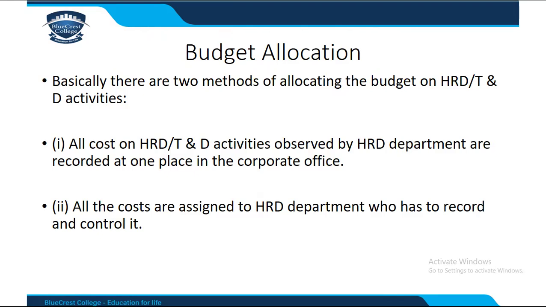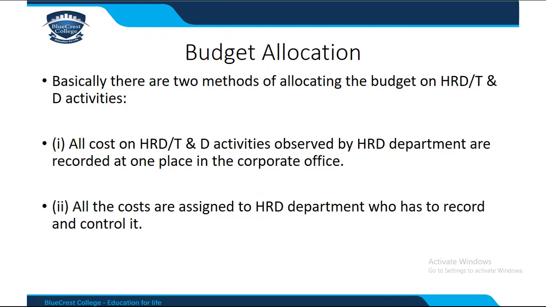So the first one says that all costs on the HR development and training activities, right, are observed by the HR department and recorded at one place, okay, in the corporate office. So it means that for this one, the budget allocation and everything is handled by the HR department. So they determine how much they will need, how much they will use, and then they plan for training with it.